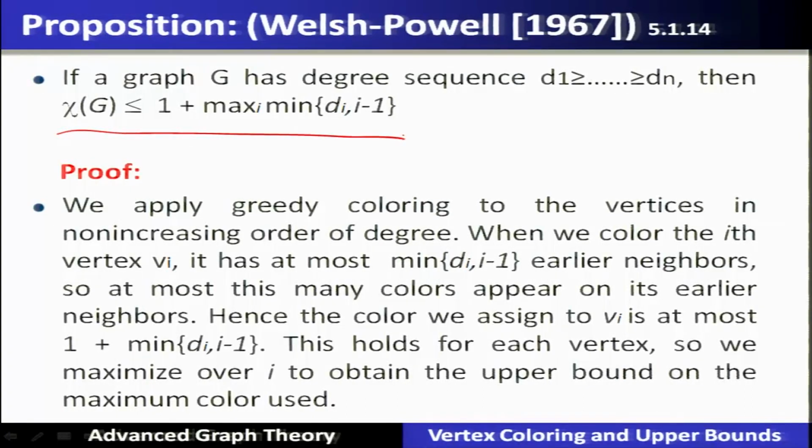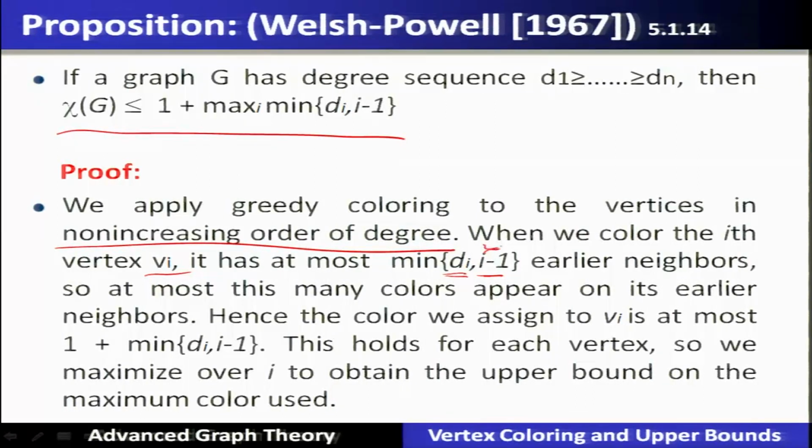Now, let us prove this. So, we apply greedy coloring to the vertices in the non-increasing order of the degrees. Now, when we color the ith vertex vi, it has at most either di earlier neighbors, or if i minus 1 is lesser than di, then the minimum of either the degree or i minus 1.